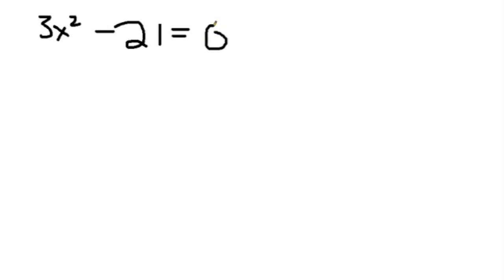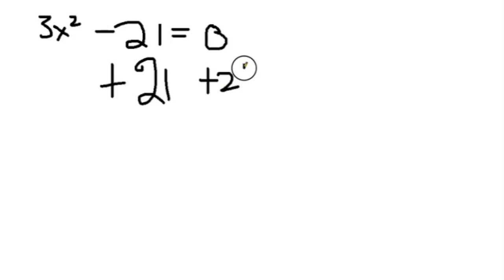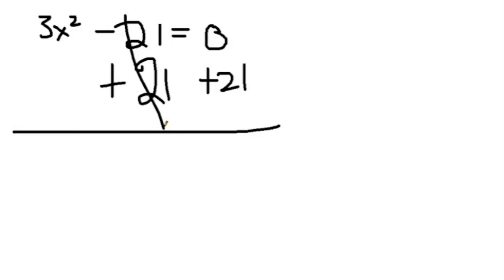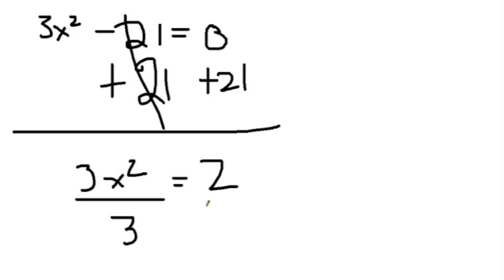So you're going to add 21 first to get 3x squared alone. So here you go. 3x squared equals 21. But now, since you have a 3 and you want to get rid of the 3 and just get x squared itself, you're going to have to divide by 3 on both sides.